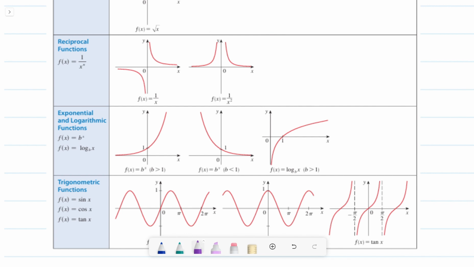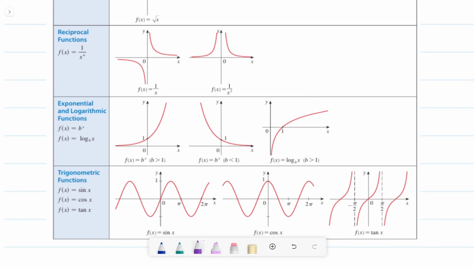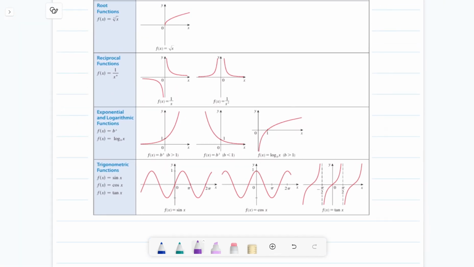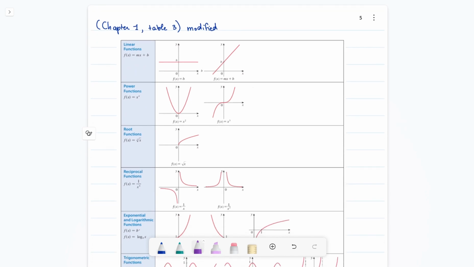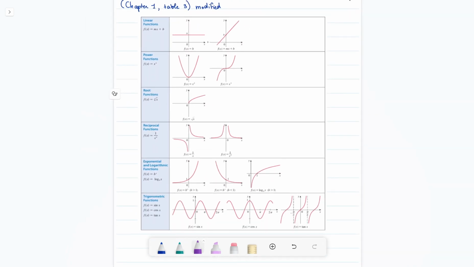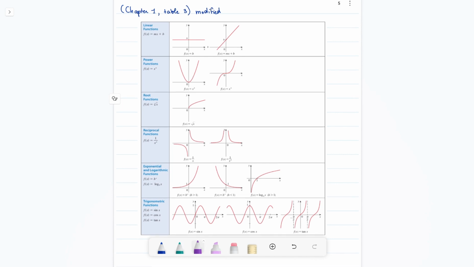We have two cases, if b is greater than 1 or if b is less than 1. And then we have log base b of x, and then sine of x, cosine of x, and tangent of x. So this is a modified table. The actual table has some more functions, but these are some of the basic functions that you need to know.